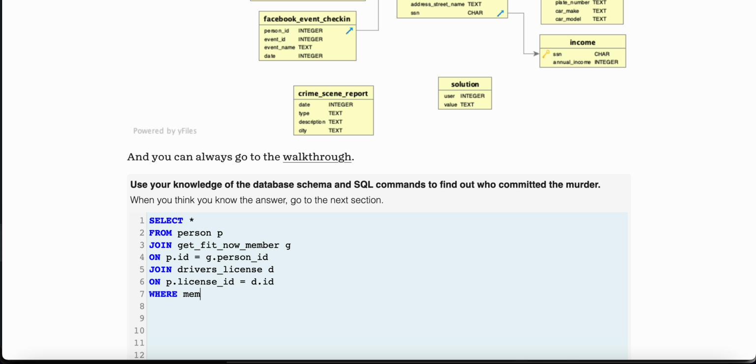Remember, the testimony says that the membership status is a gold member. That's the only way to find out who committed the murder: gold, and the plate number, like wildcard.